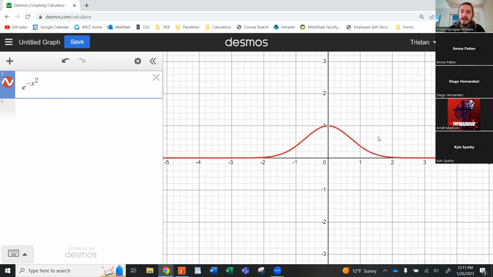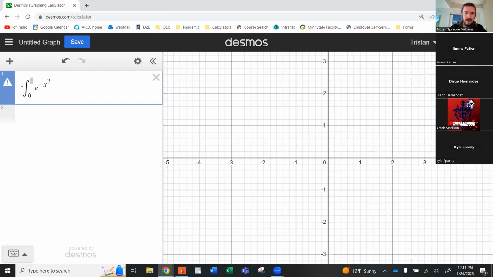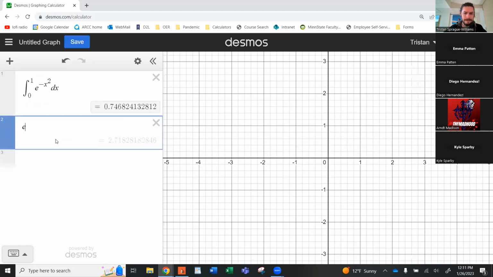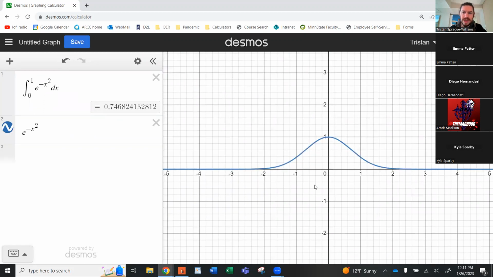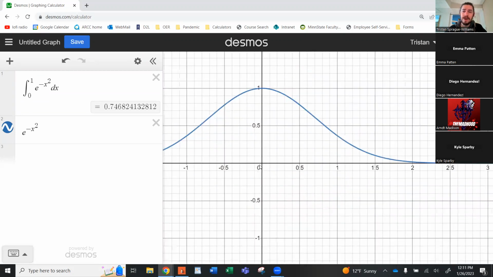And now probabilities are calculated by doing integrals of this thing and finding the area under this curve, over an interval along the x-axis. That is the probability that the random variable falls into that range.